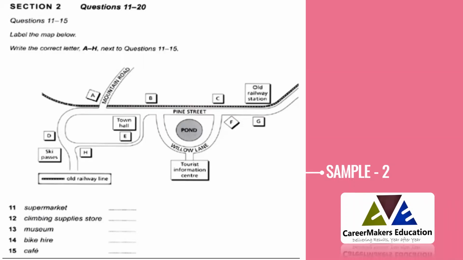This is all about a map of a particular town, and they have mentioned the streets and the hall, then a tourist information center, then the railway stations, then museums, and everything they have mentioned and already labeled, and a few they are looking for, that is 11 to 15. All right, try to predict the answer.